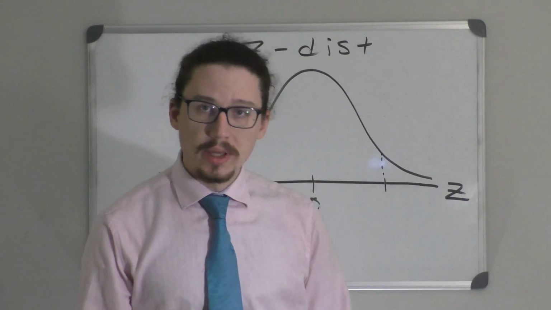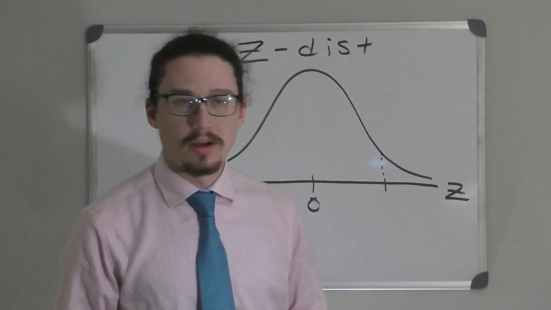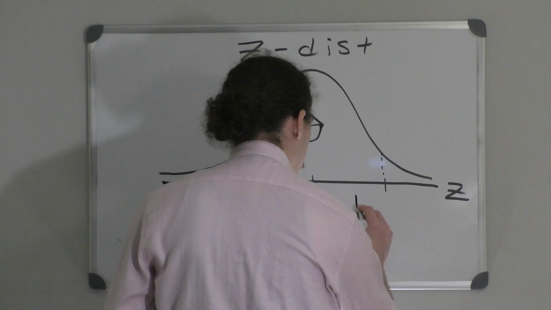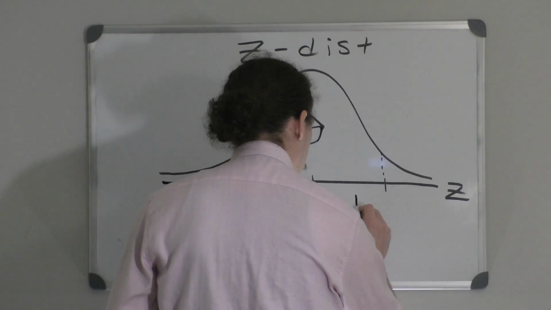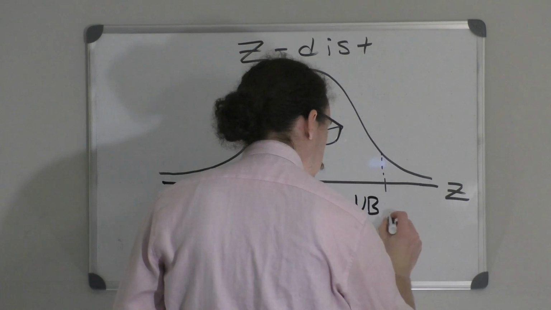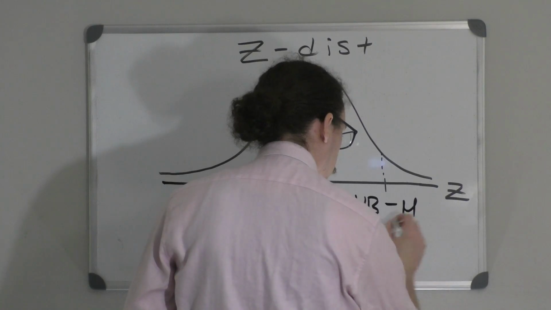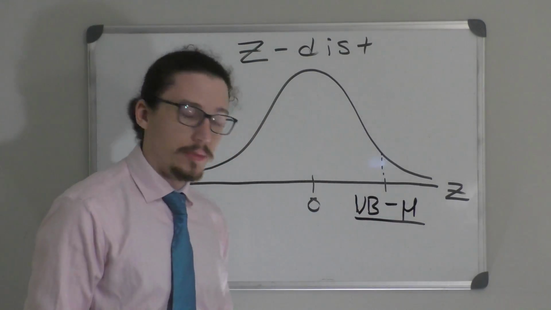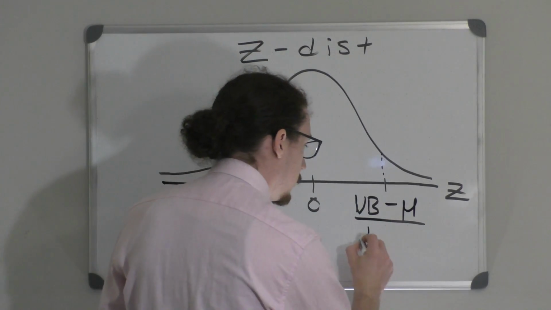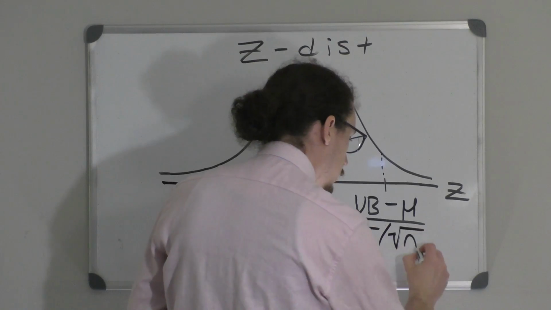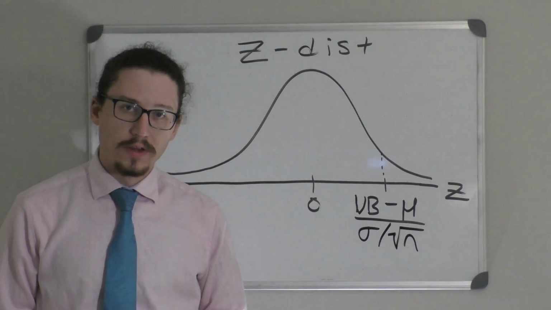In this case, UB, the upper boundary, is going to take the place of our x bar. We're going to subtract that mean, and then we're going to divide by sigma divided by the square root of n.